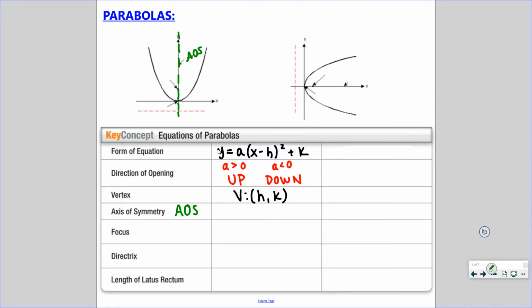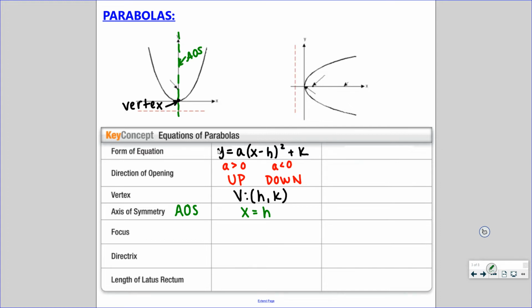So in this case, it's always x equals whatever the x-coordinate of the vertex is. Remember that? Because it goes right through your vertex. Okay, let's go ahead and label our vertex, this point right here. That would be our vertex. Vertex, axis of symmetry. This we already know.